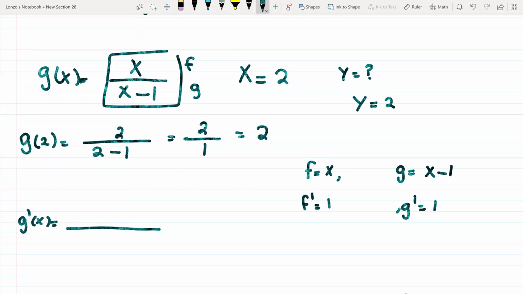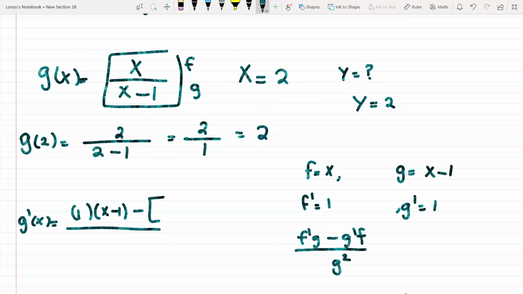So what is the quotient rule? I should have written it down. It is f prime times g minus g prime times f, all over g squared. So f prime is 1, g is x minus 1, minus, bracket, g prime is 1, f is x, all over g squared, which is x minus 1 squared.